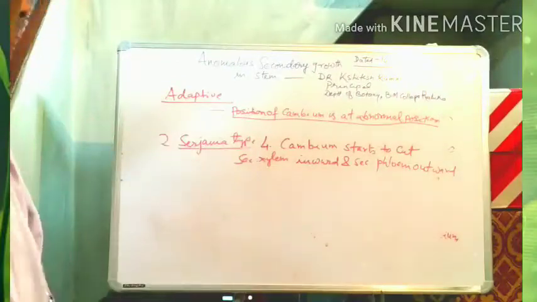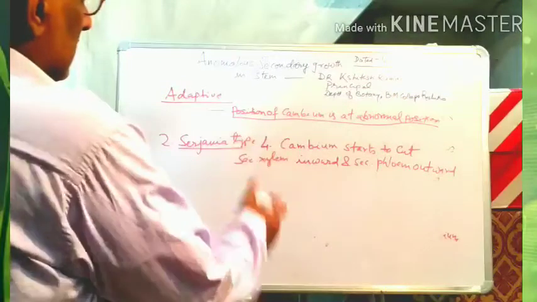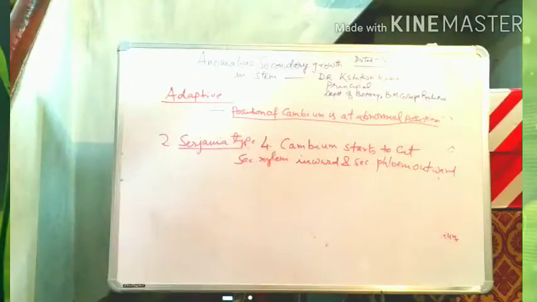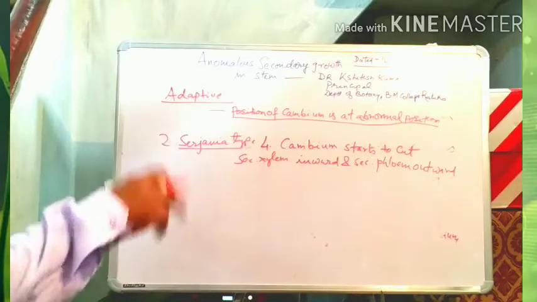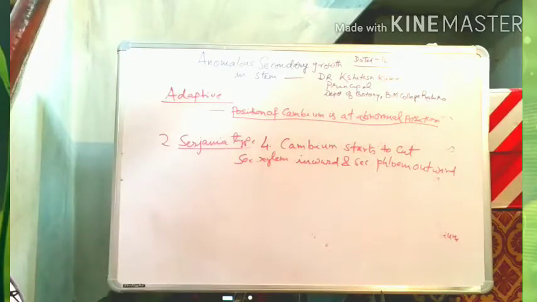So, as usual, secondary growth: here the cambium ring, the newly formed ring-like structure, now starts to cut secondary xylem inward and secondary phloem outward.